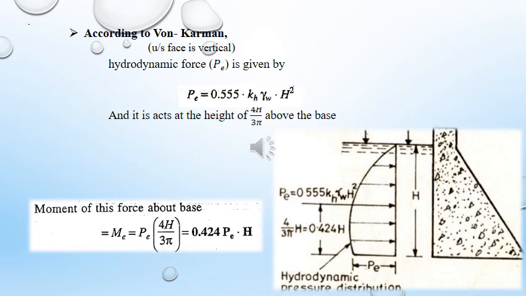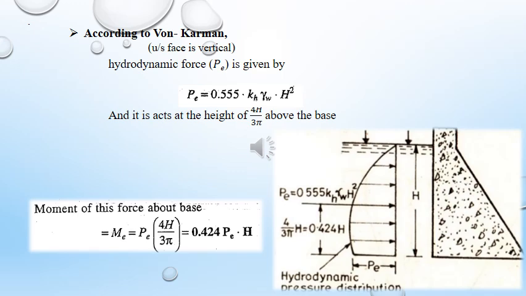Now comes another method for determination of the moment about the base due to this hydrodynamic pressure, by Von Karman. The basic assumption for this method is that the upstream face is taken as vertical. The hydrodynamic force PE is given by 0.555 kh gamma w into H square, and it acts at the height of 4h by 3 pi above the base.